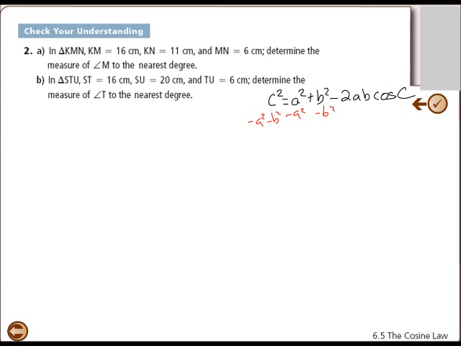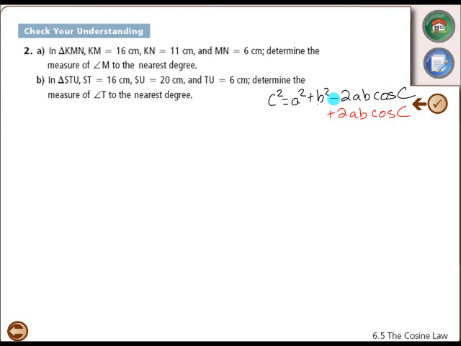Or alternatively, which would be nice to get rid of this negative that's kicking it here, let's take that over to the other side first. So I'm going to instead, just so I don't have any negatives there that I have to deal with in this first step, add 2ab cos of c. That's a package. It goes together. Let's add it to the other side.